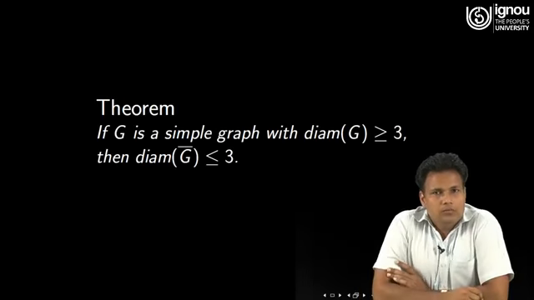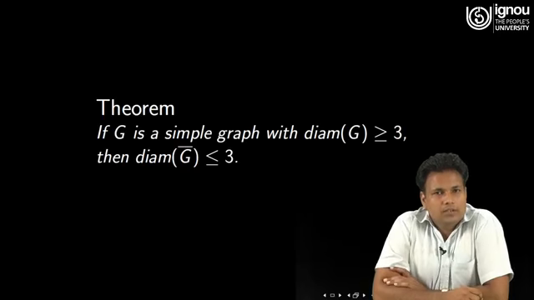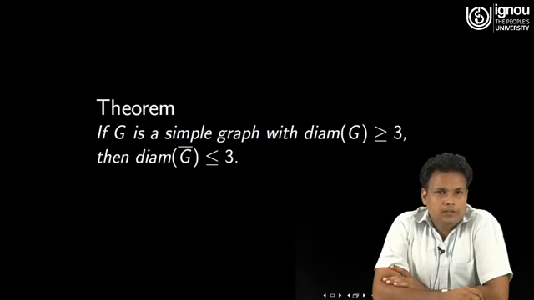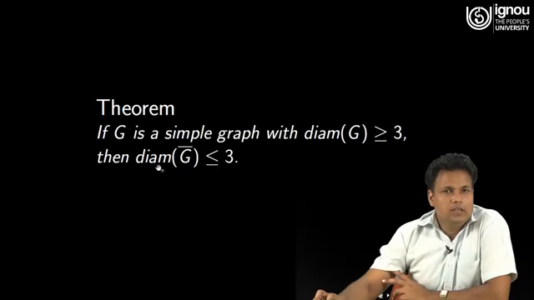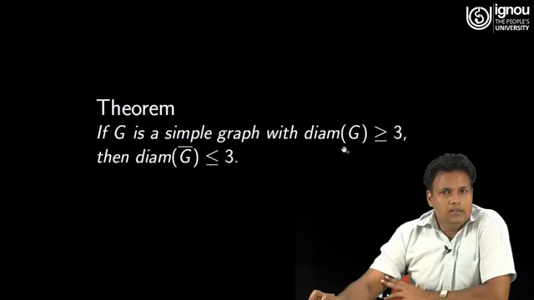Okay, now we come to the main result of this session. If G is a simple graph with diameter at least 3, then the diameter of its complement is at most 3. So what are we given? We are given that the diameter of G is at least 3.